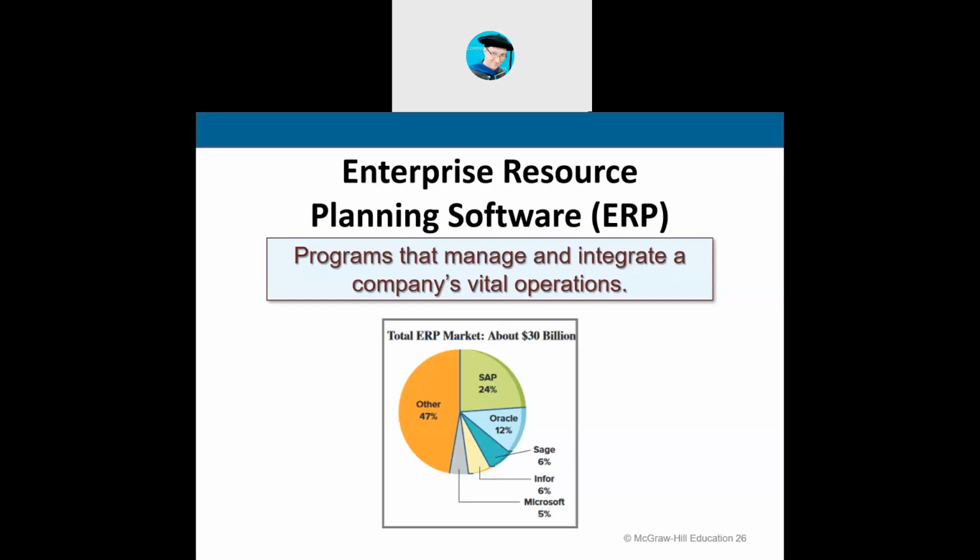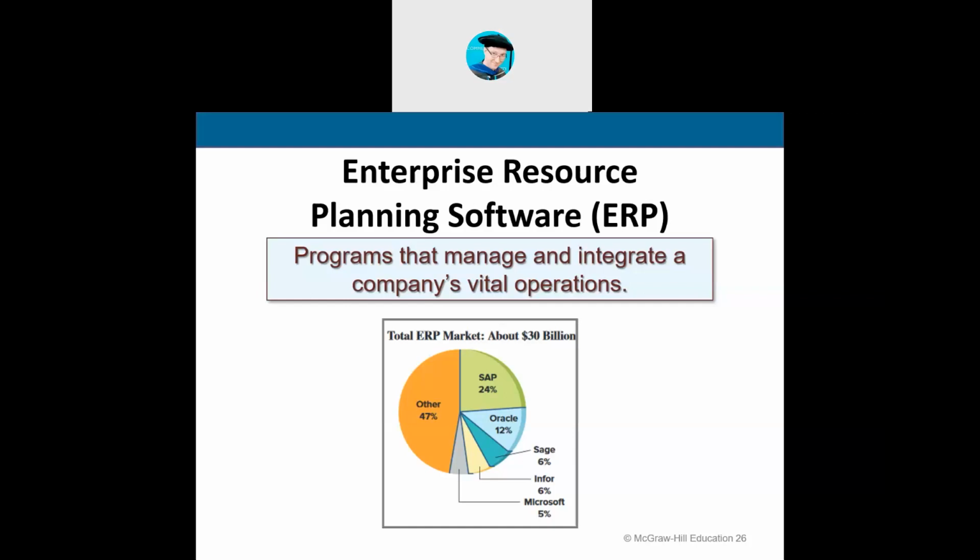So we manage our costs for all of our products that we sell. We manage our employees and the wages that we pay them. We manage our reporting information through this software. So all of that information is managed in what we call the ERP, Enterprise Resource Planning software.